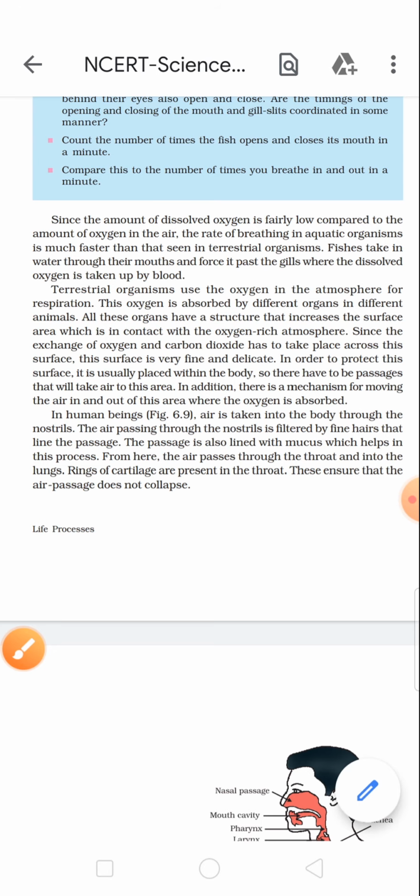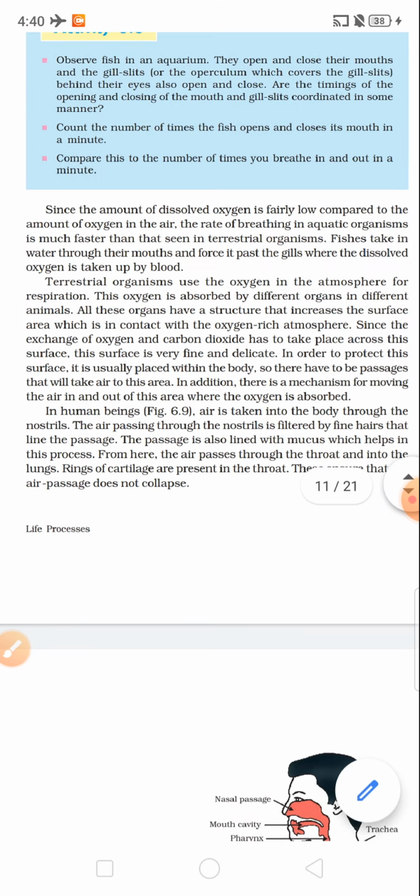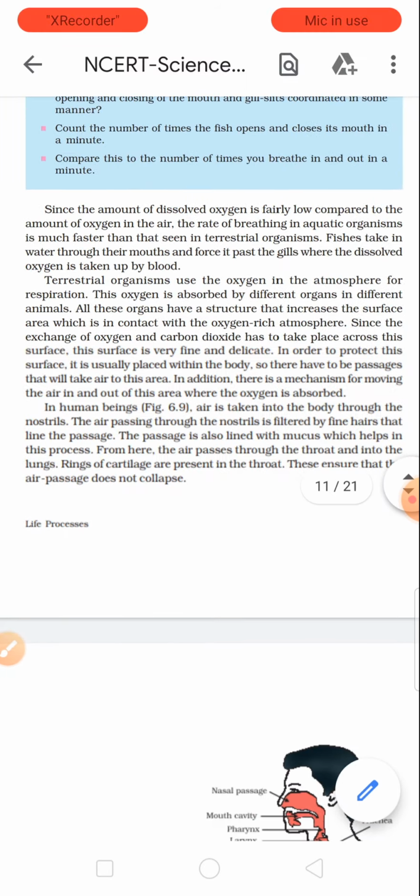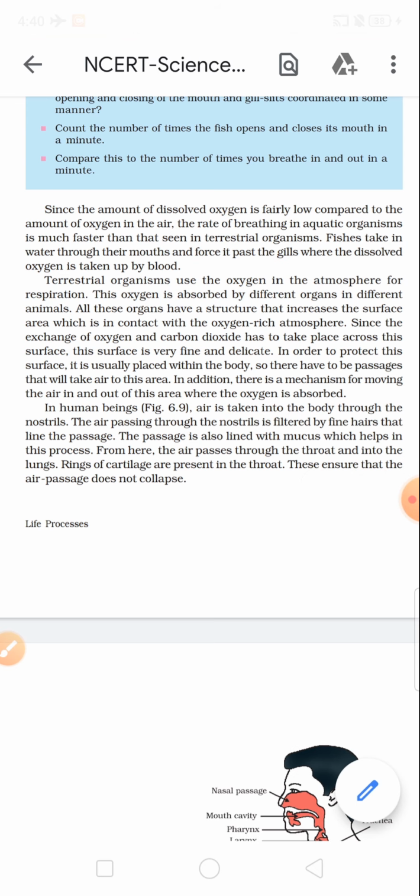What they are telling is that when we are inhaling, the atmosphere has a higher concentration of oxygen, and this oxygen should reach each and every cell. For this, the surface area of the organs should be increased.